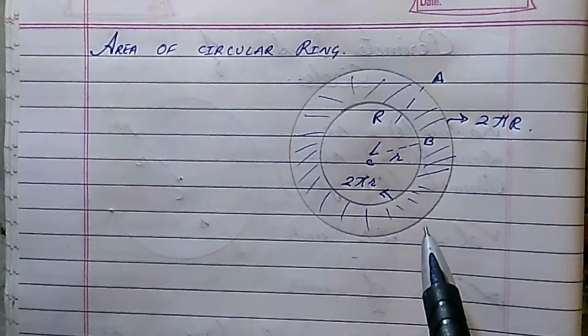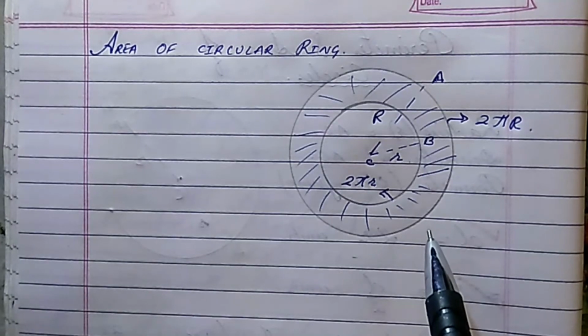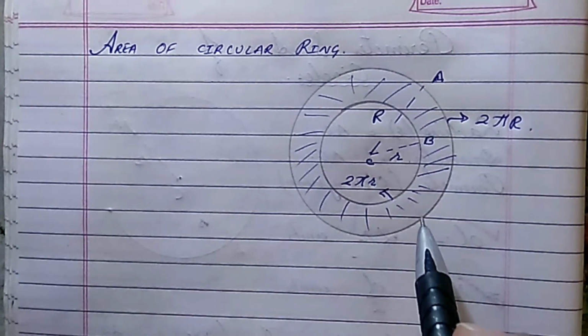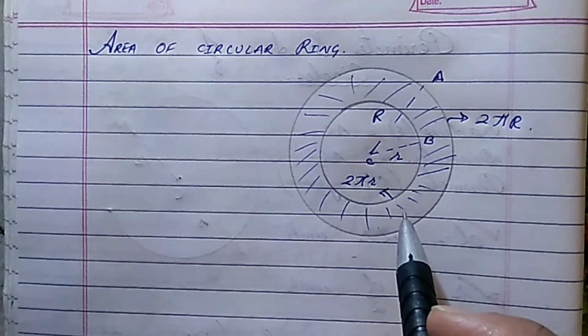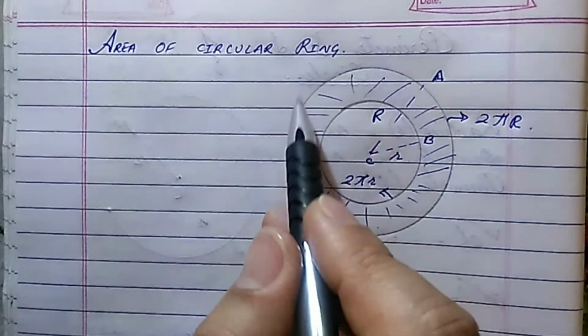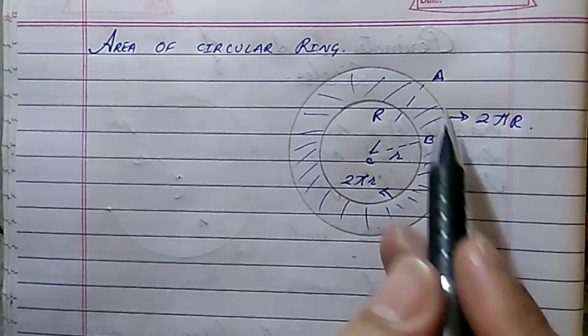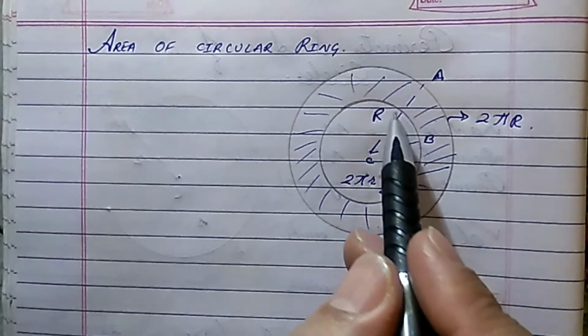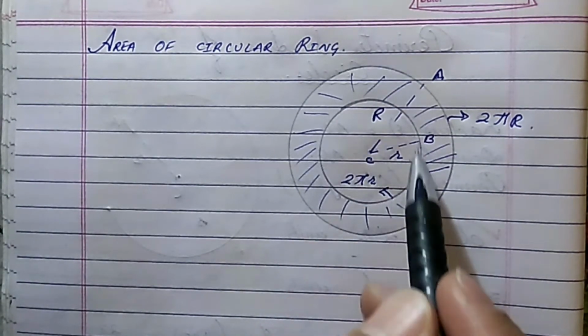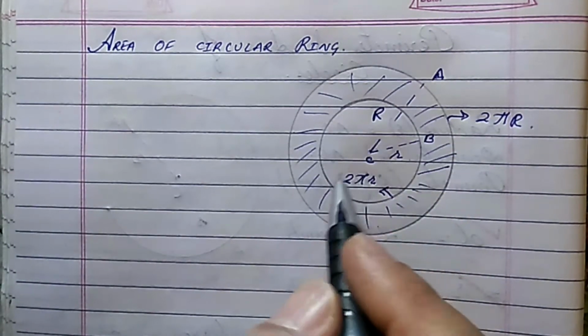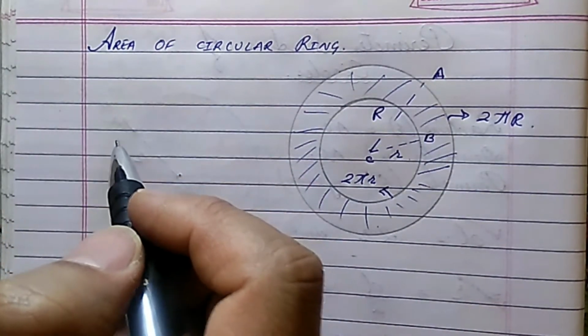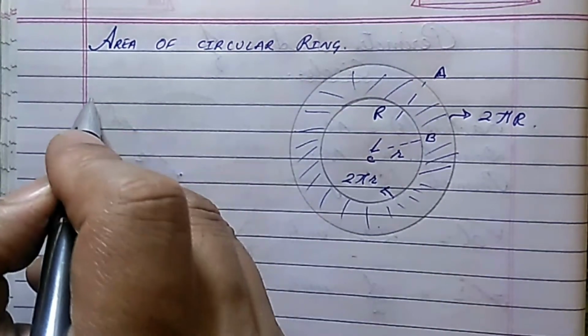This portion is called the area of the circular ring or the area of the disc. To find this, we first find the area of the bigger circle and then the area of the smallest circle and then find the difference.